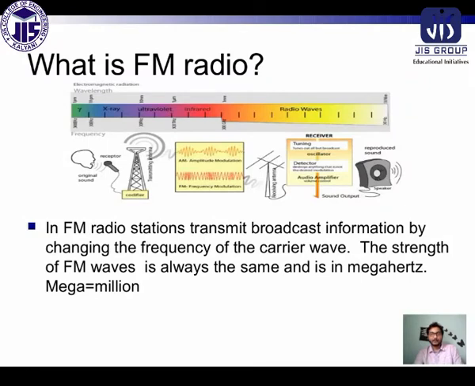But in the case of FM, as we have already discussed, the amplitude is more or less the same, but they use a different range of frequency. The frequency is in the megahertz range, millions of hertz, not the kilohertz range.